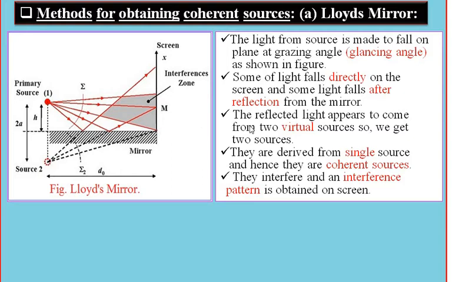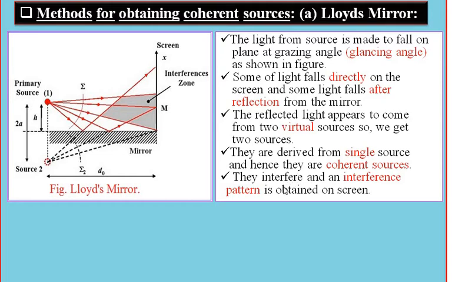The reflected light appears to come from the virtual source shown in the figure. So we get two sources. They are derived from a single source, and hence they are coherent.